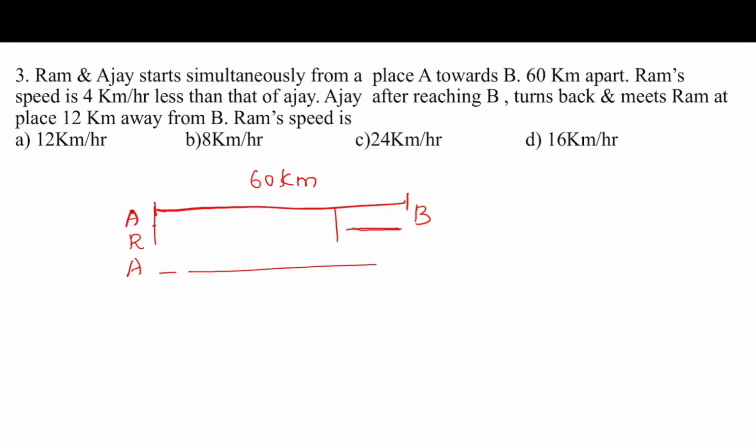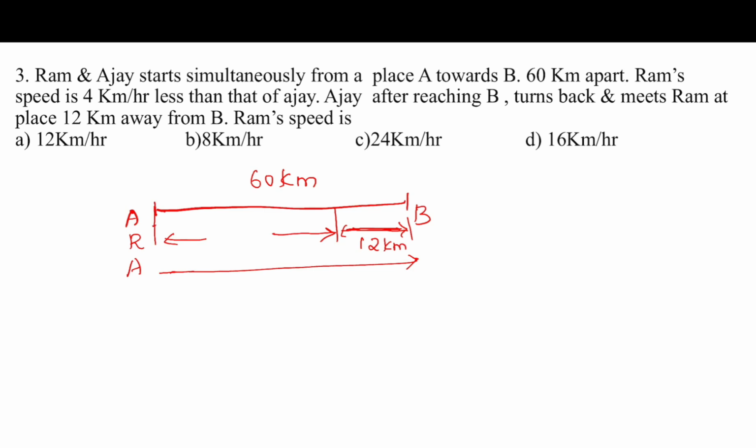Ajay will go like this and then come back like this. At that time he will meet Ram. So Ram has covered only this much distance, and Ajay meets Ram at a place 12 km from B.